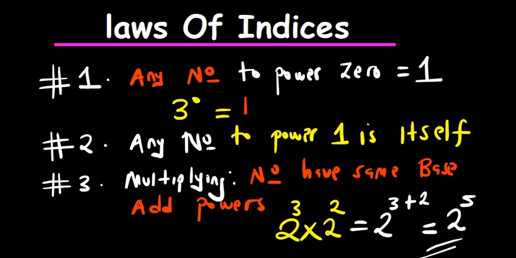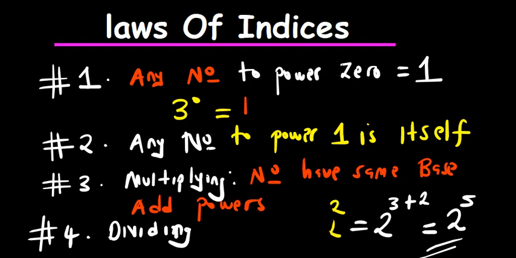The last important rule that you should understand here is, let's say, rule number 4. Now when you divide the powers with the same base, what are you supposed to do? So if now you are dividing, what is going to happen?